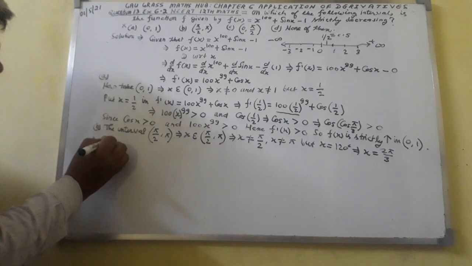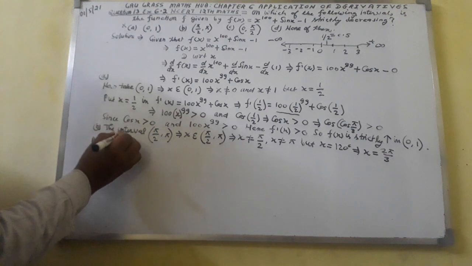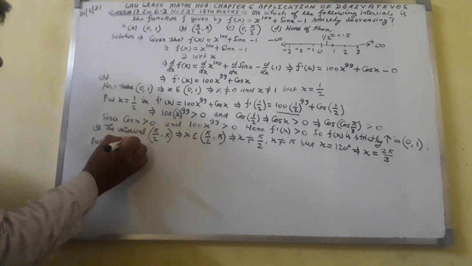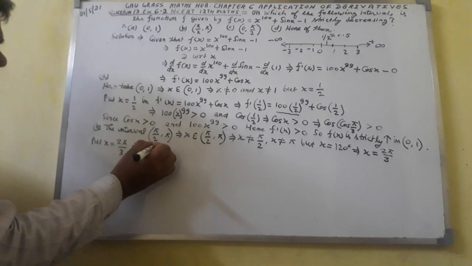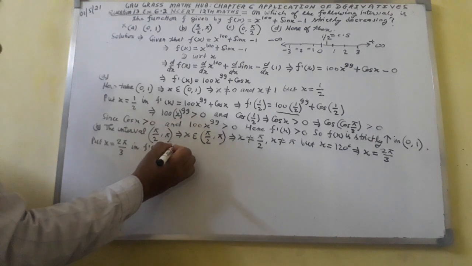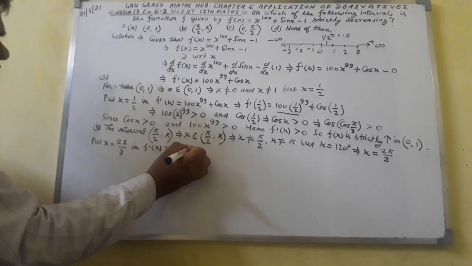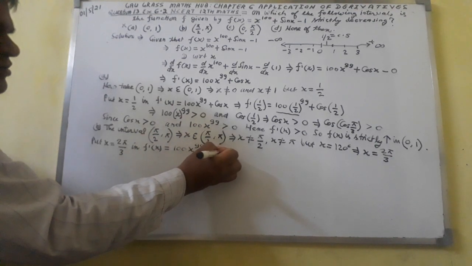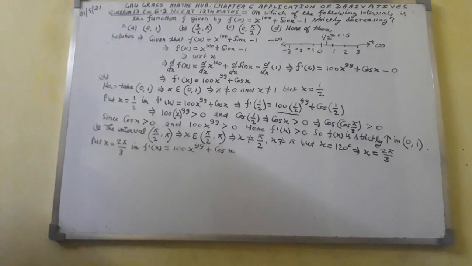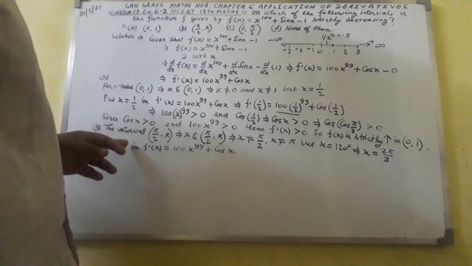Put x equal to 2 pi by 3 in f dash of x equal to 100 x raised to the power 99 plus cos x. In place of x I shall put 2 pi over 3.